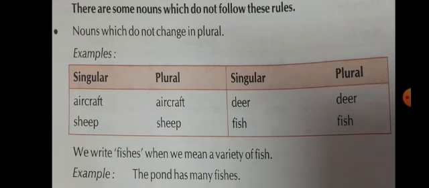We write fishes when we mean a variety of fish. So, basically singular and plural of fish will be fish. But if we are talking about variety of fish, there are many kinds of fish, then we will say fishes. The pond has many fishes because there are varieties of fishes.